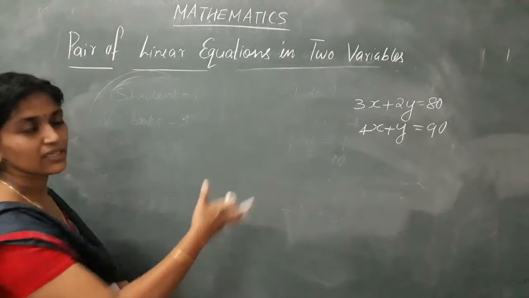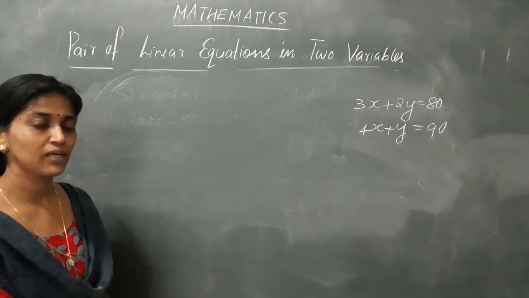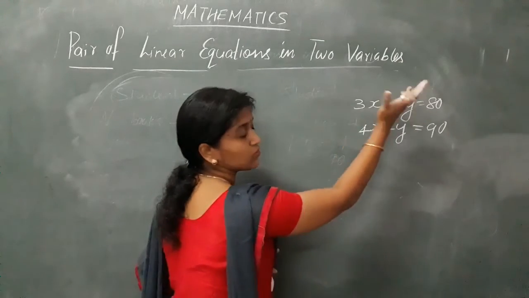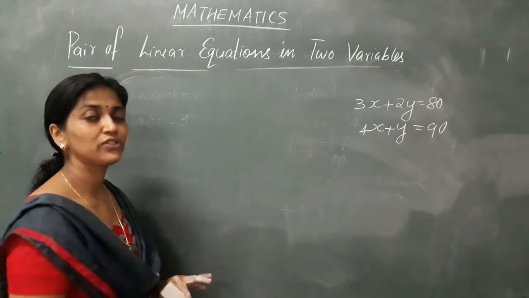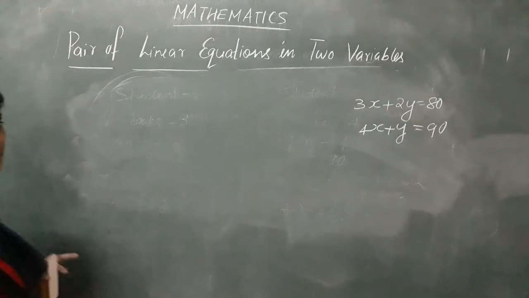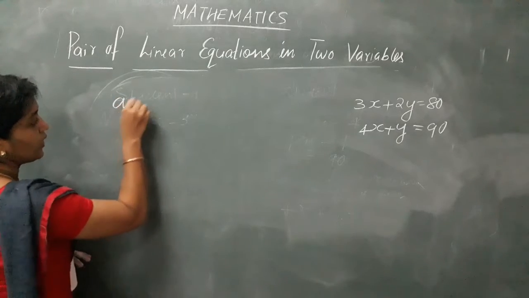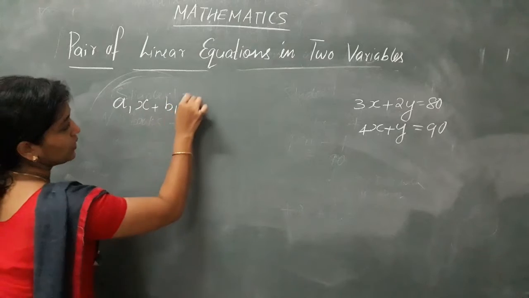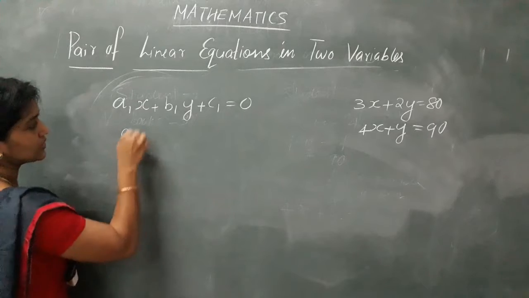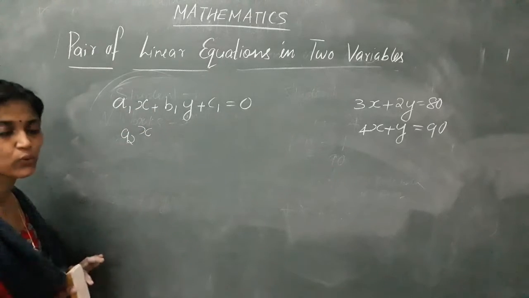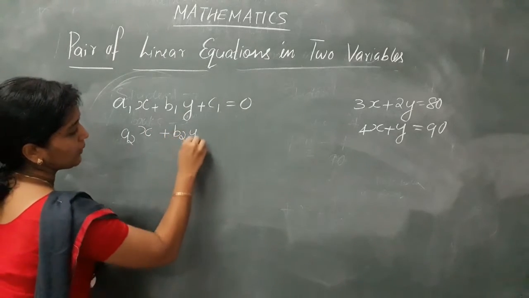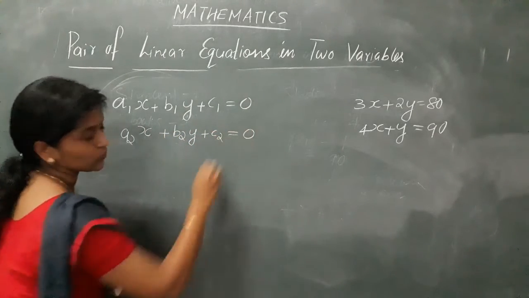So when representing a pair of linear equations in 2 variables, we have 2 linear equations, and the variables used in both are the same; only the coefficients and constants are different. So how can we write its general form? Its general form is given as a1x plus b1y plus c1 is equal to 0, and a2x plus b2y plus c2 is equal to 0.